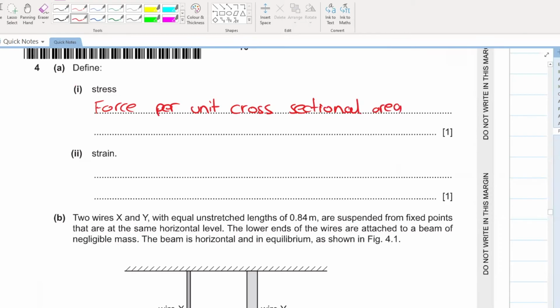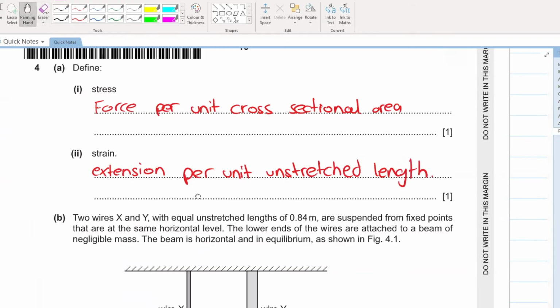What is strain? Strain is extension per unit unstretched length. Simple. Let's further move ahead.